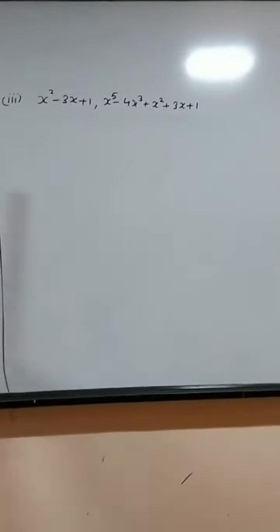Because x is equal to 2 plus root 3, then x minus 2 minus root 3 is zero. That's why x minus 2 minus root 3, and here x minus 2 plus root 3. Minus will become plus and plus will become minus, these are zeros of px.